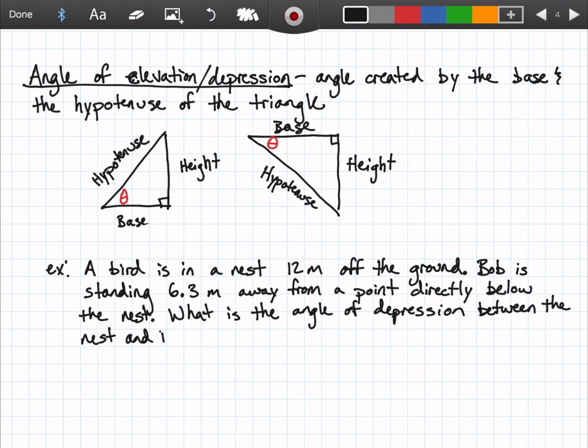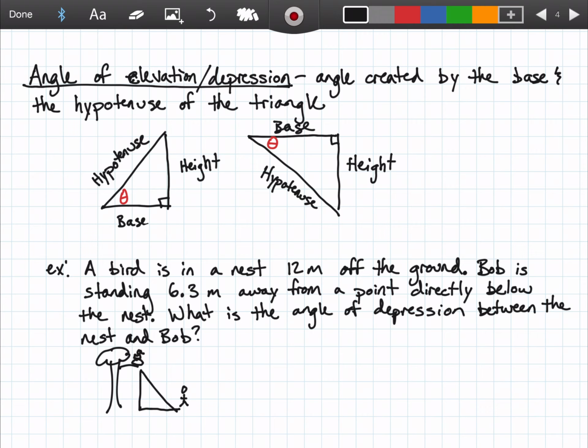So here's what we got. I'm going to assume that this nest is in a tree. Branch, nest with a bird in it. And Bob's going to be over here. And I can look at this drawing in two different ways.